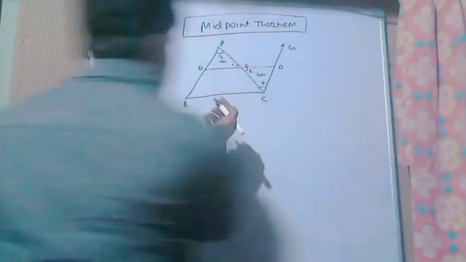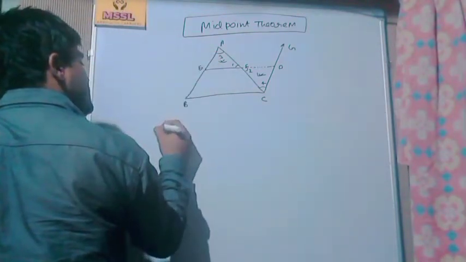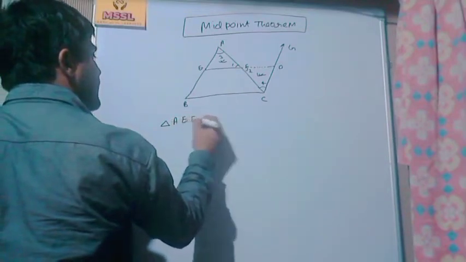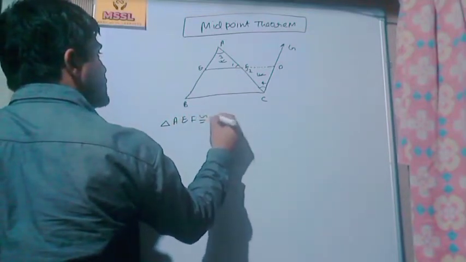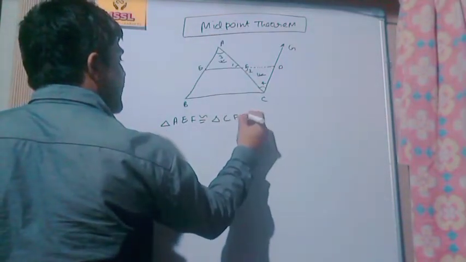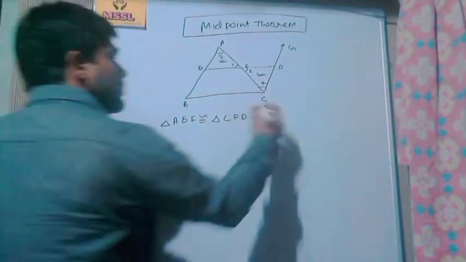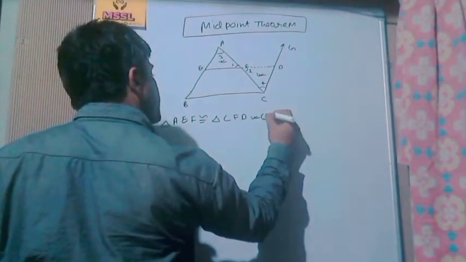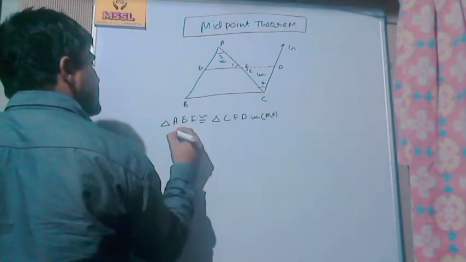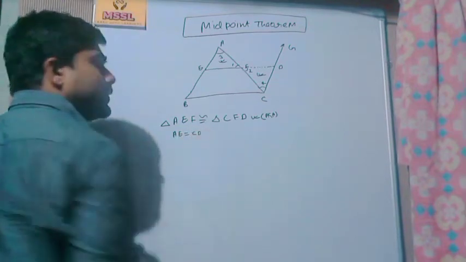Since we have already proved that triangle AEF is congruent to triangle CFD by ASA, we can say that AE equals CD also, right?